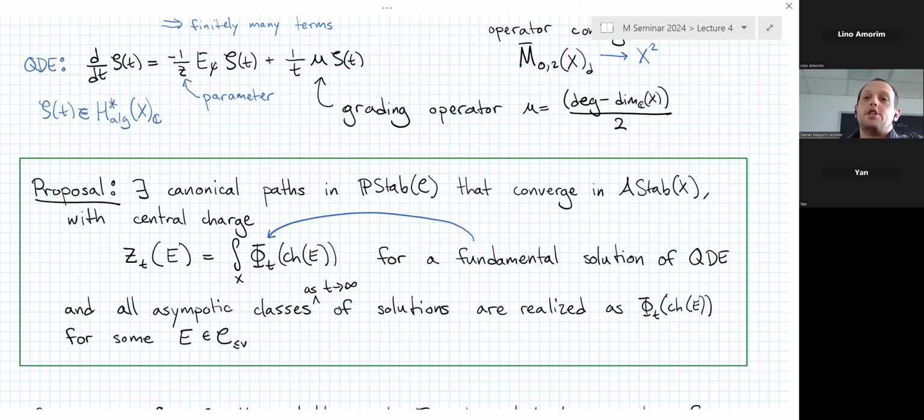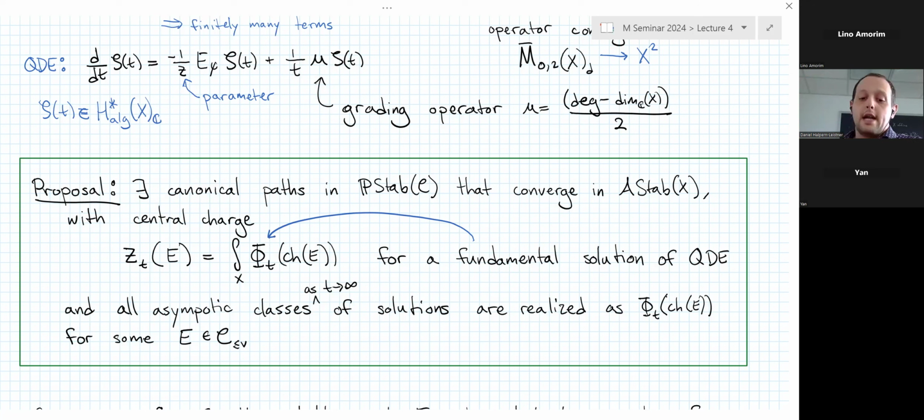And the conjectural formula for the central charge, and this comes from physics basically, is that the central charge should be the integral of these solutions of the quantum differential equation.